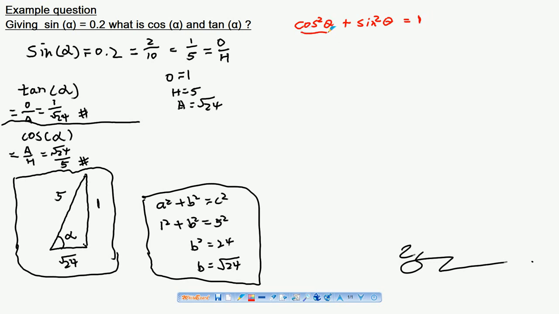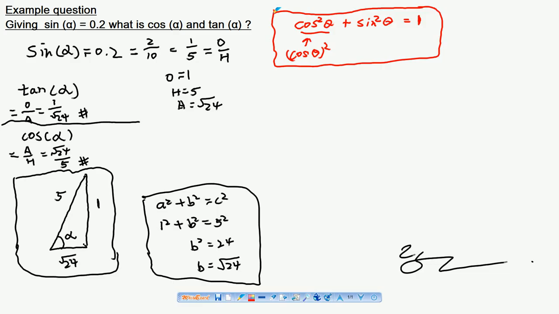By the way, this symbol here basically means cosine theta squared. We write it in this simple form in trigonometry. This formula is very important. Even if you don't use it to solve this kind of question, you still have to remember it.